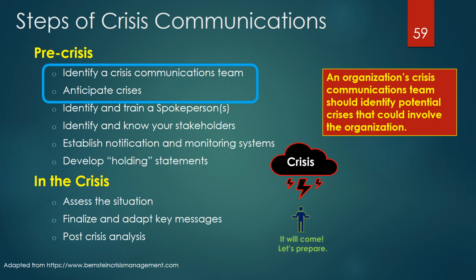First, identify a crisis communications team, and that team needs to anticipate crises. A small team of senior leaders should be identified to serve as the organization's crisis communications team. Ideally, the organization's chief executive officer will lead that team.